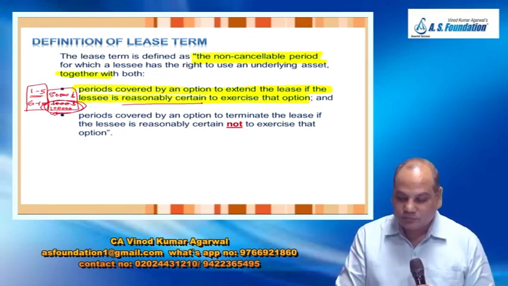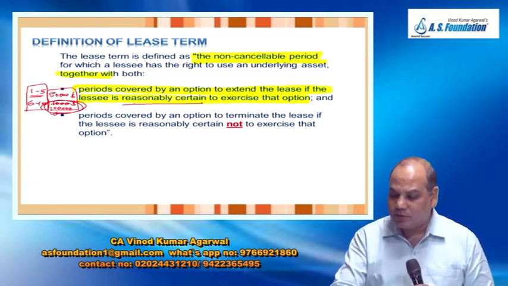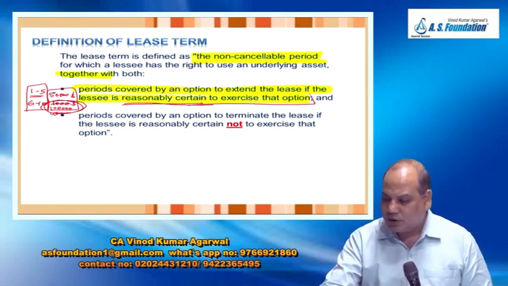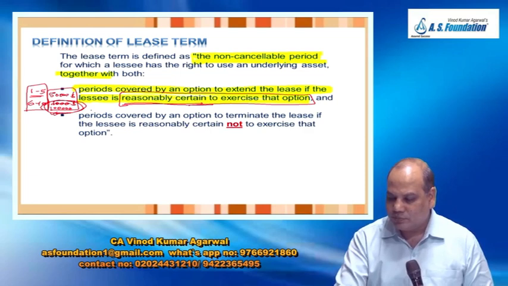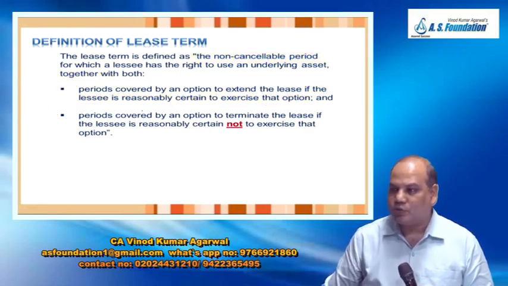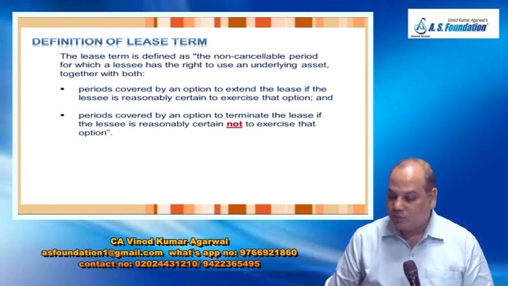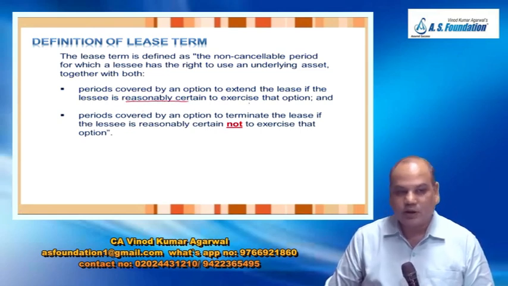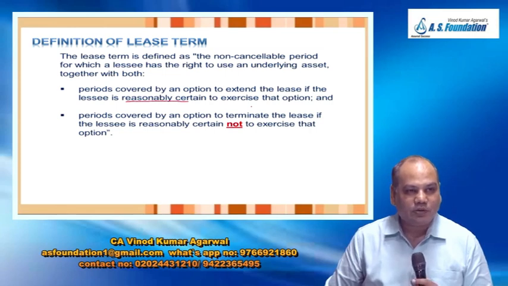Is it right? But many times it depends. This rent is just one example. There may be other factors which will also be taken into account to check whether there is a reasonable certainty that the lessee is going to exercise that option.